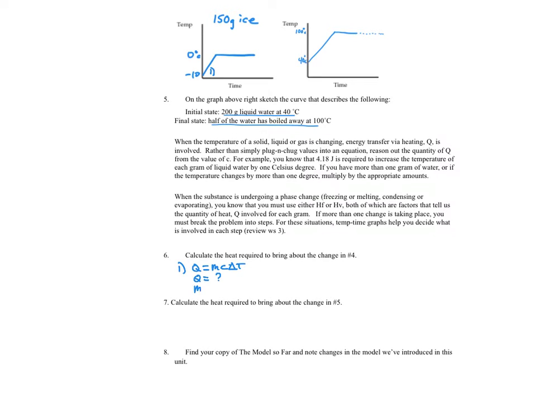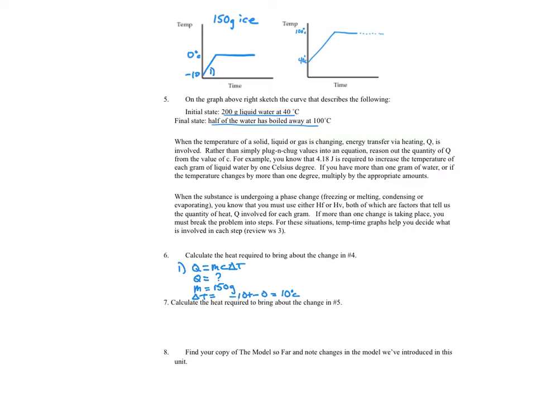My mass is 150 grams, and my delta T, we're going from -10 degrees to 0, which means that I'm going to have a 10-degree change in temperature.